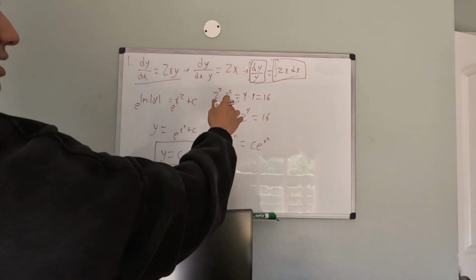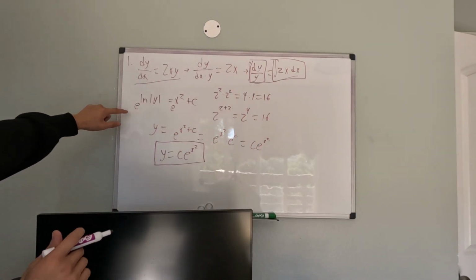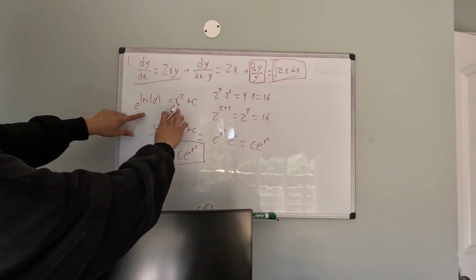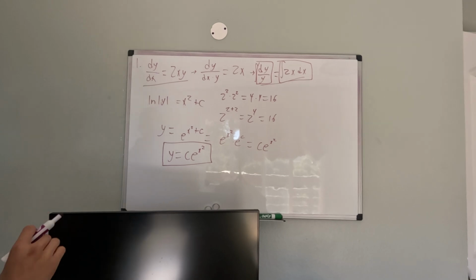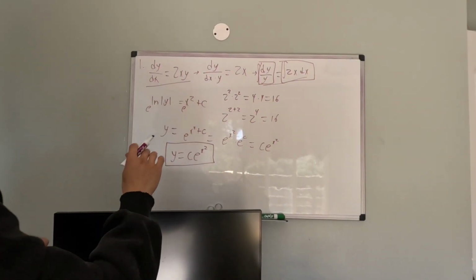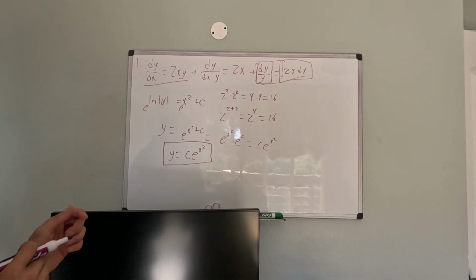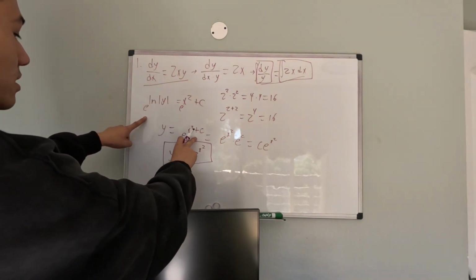You integrate them to get this right here. And then to solve this, you exponentiate both sides of the equation. Once you do that, then you get this right here.